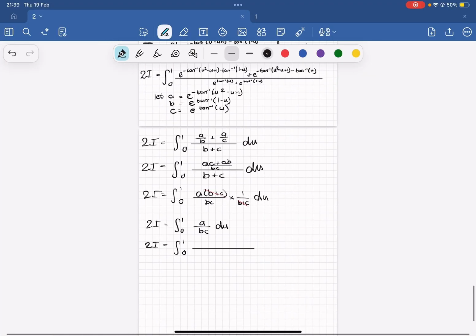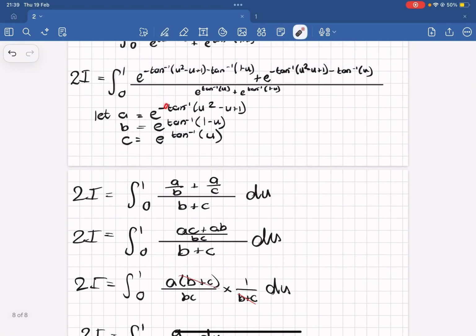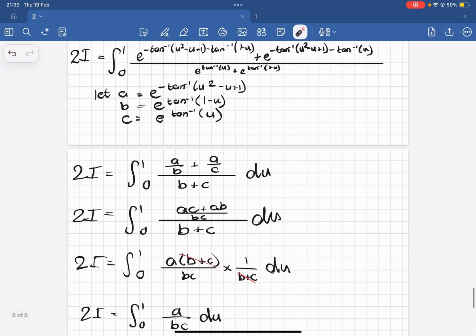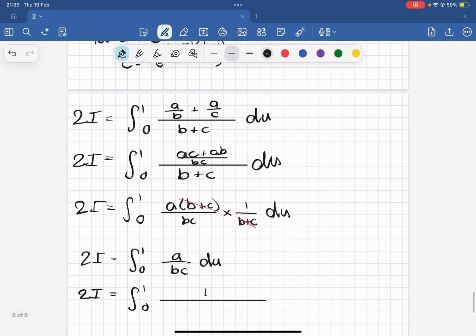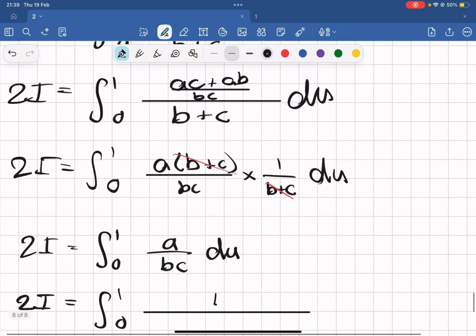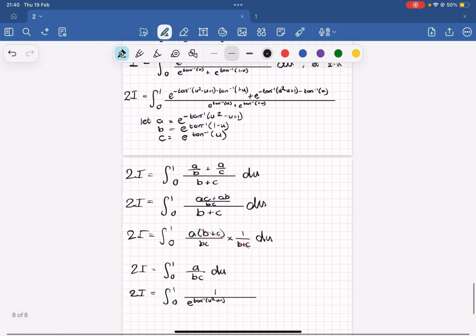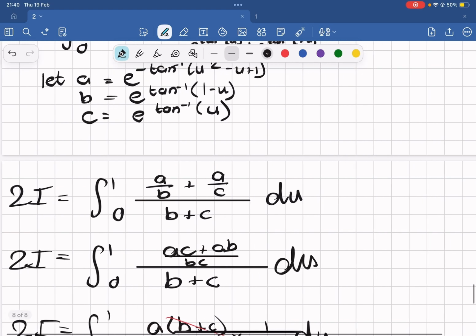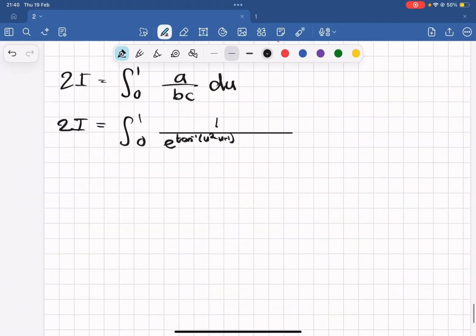Since there's a minus here, we can just bring this A term down to the denominator with the rest of the variables B and C. So we say e to the arctan of u squared minus u plus 1, and we times it by B and C, which are arctan of 1 minus u and arctan u.